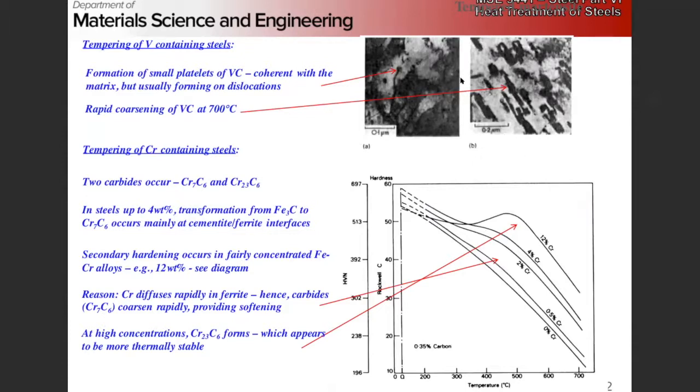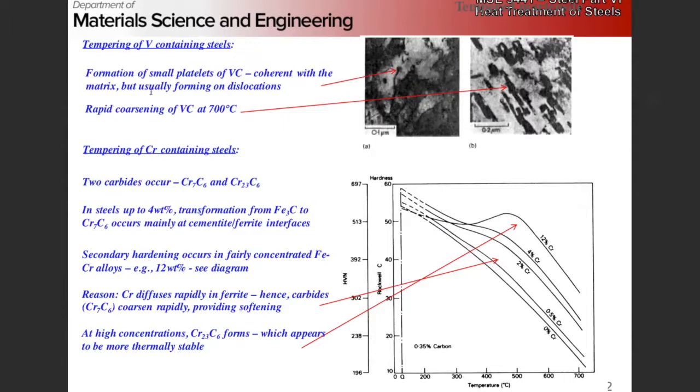Vanadium carbides tend to form these small coherent platelets, right? Chromium, you get a range, two primary carbides, but you also have some others, and they're going to have different degrees of stability. Again, these are sort of more for information rather than things I expect you to know, right?